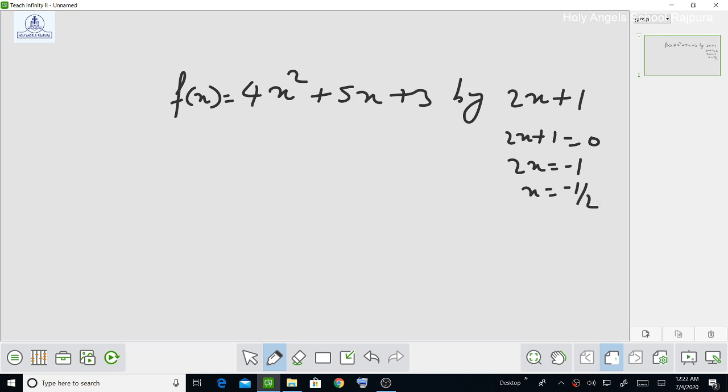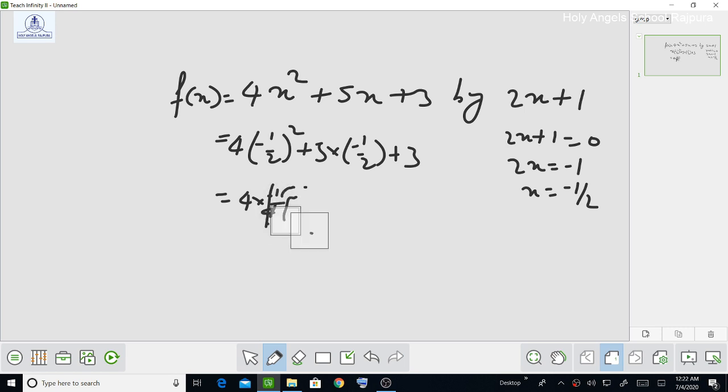So, wherever x appears in the polynomial f(x), we substitute x value minus 1 by 2, that is equal to 4 into minus 1 by 2 square plus 5 into minus 1 by 2 plus 3, is equal to 4 into, we know the square of a negative number is positive, 4 into 1 by 4 plus 5 into minus 1 by 2 plus 3.